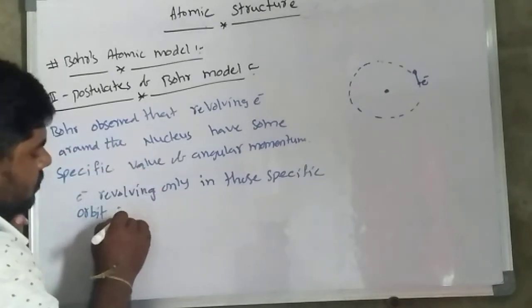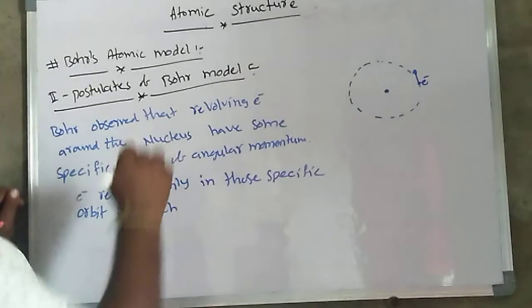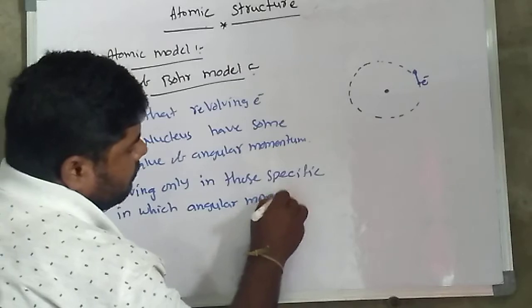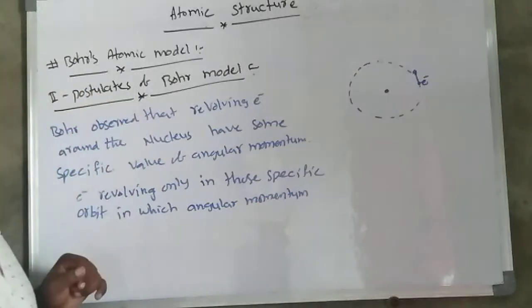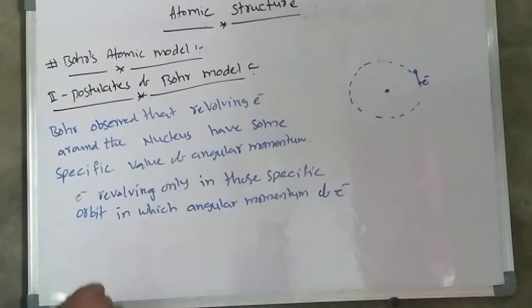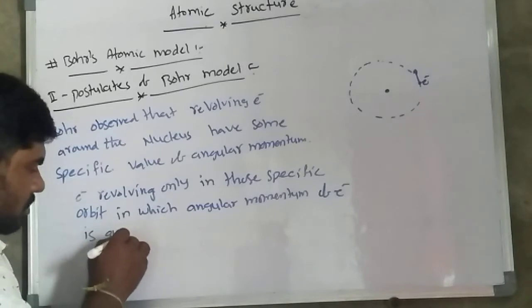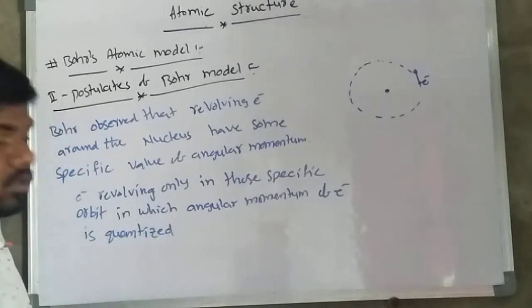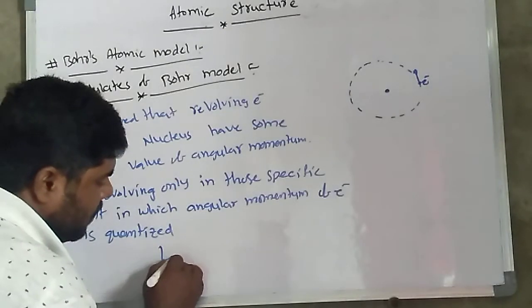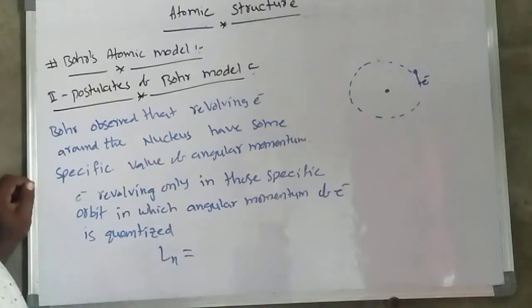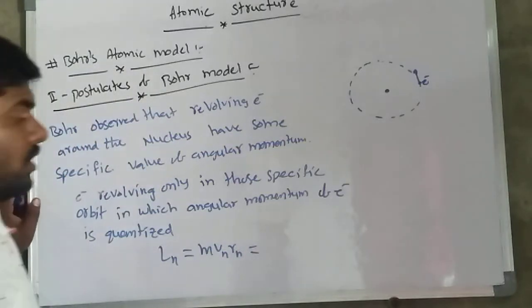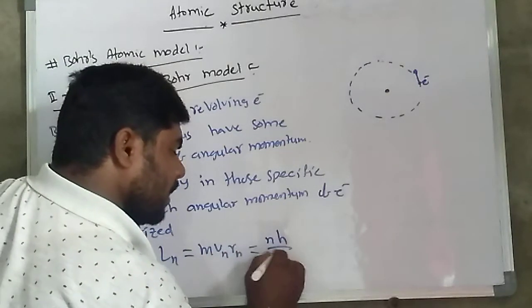It means the nth orbital angular momentum Ln is equal to m Vn Rn, and that should be equal to n h divided by 2 pi.